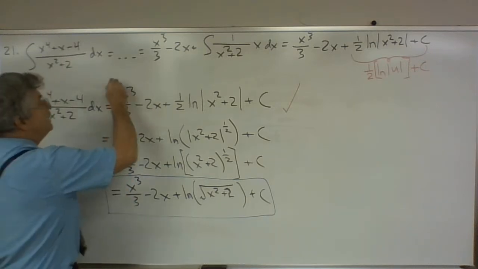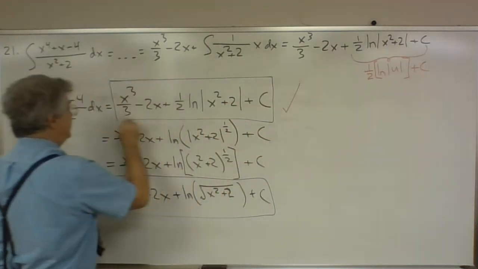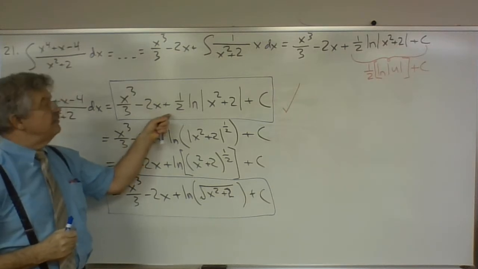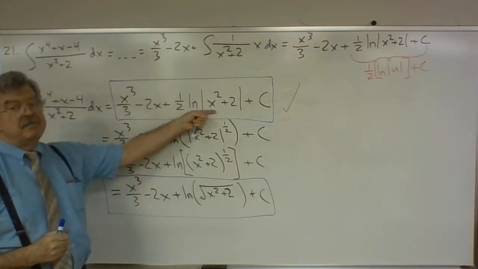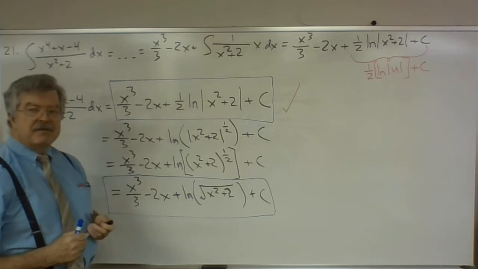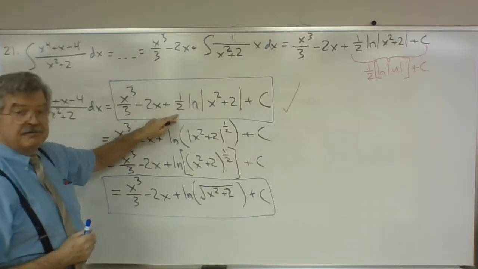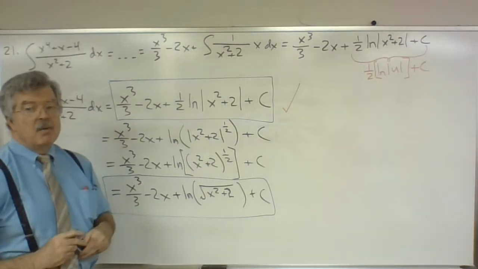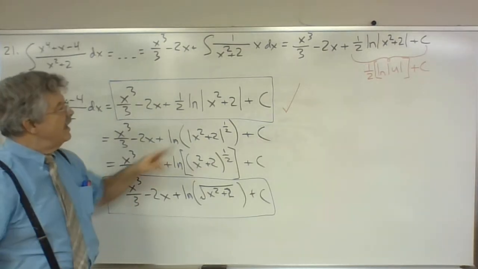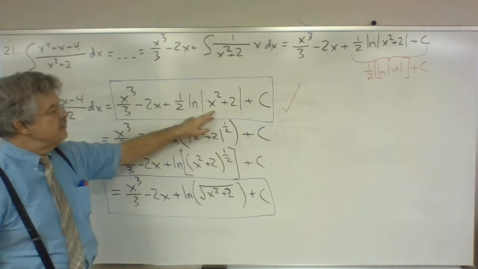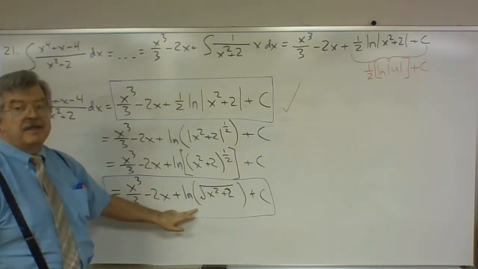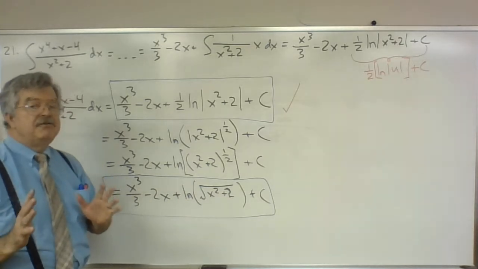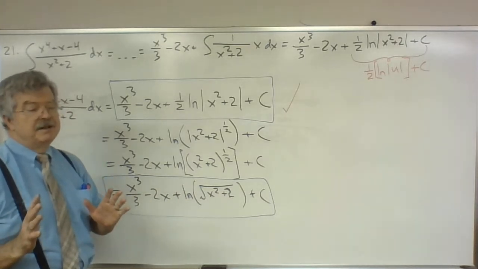So book's answer here, I think that's what they had. Our answer here, and again, if I'm taking test 4 and I get this, I'm stopping right here. If I'm on the final exam and I get this, I'm stopping right here. If I'm doing homework out of the book, I'm going to take this answer and make sure it's equivalent to what they have in the back of the book as their answer, just to make sure that I've done it completely right.